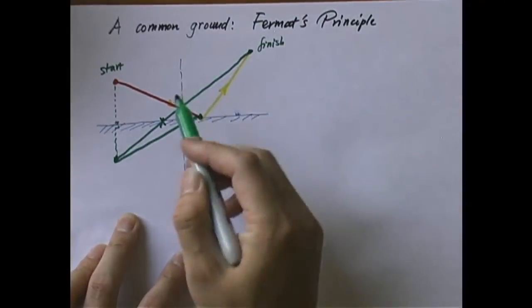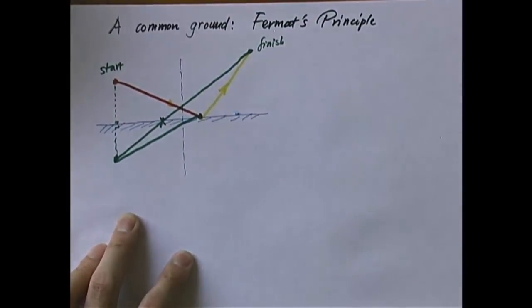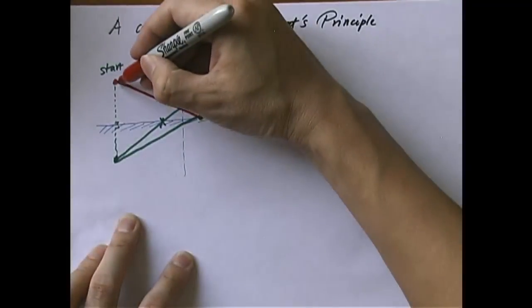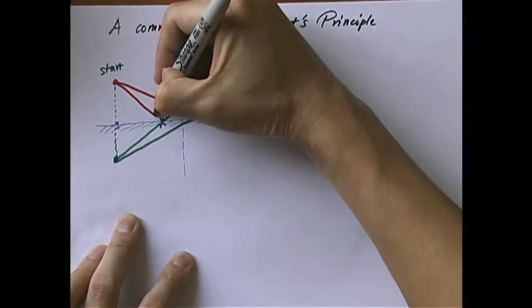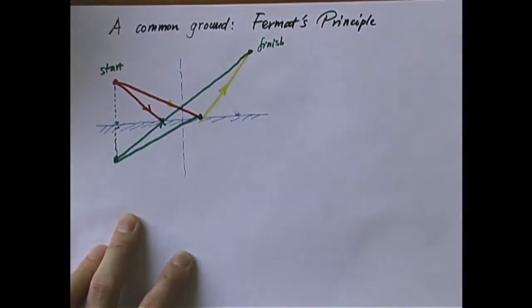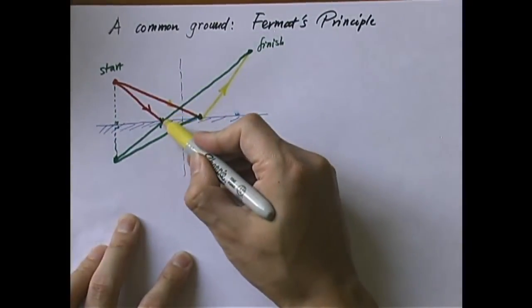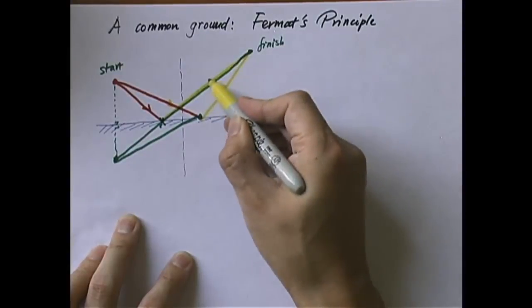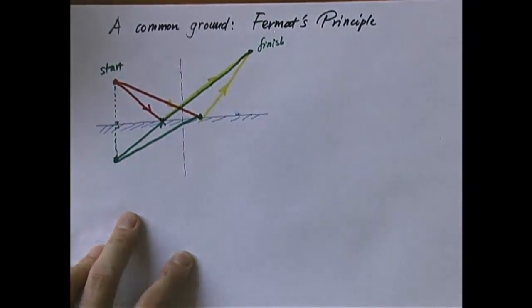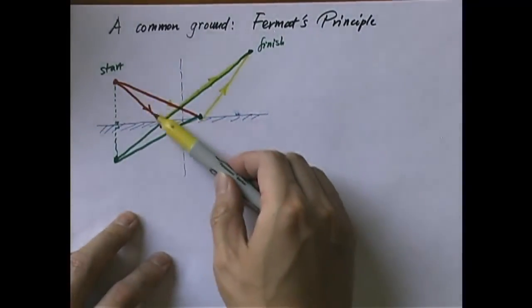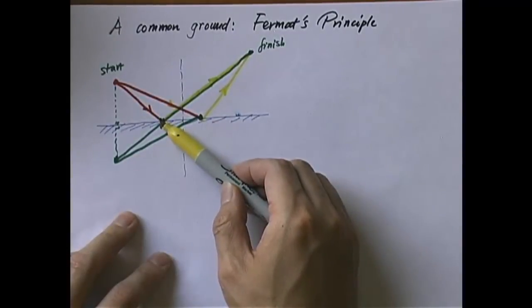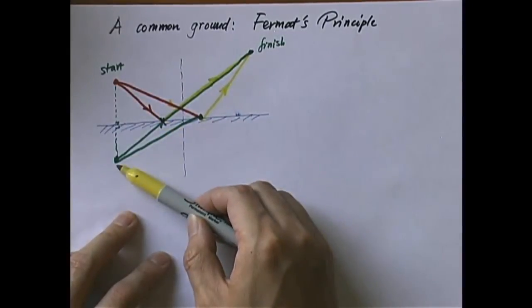On the other hand, if you try to land at that spot, the red line is going to go here, and the yellow line is going to go there. I say this is a better choice. Why? Because this red line is the same length as that green line, right?